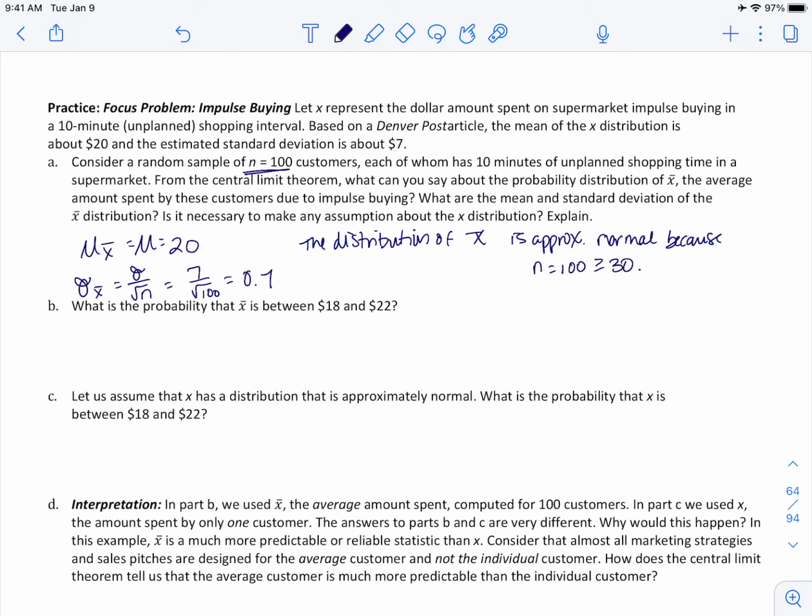So now what's the probability that X bar is between $18 and $22? Please find this. So here we have the probability 18 less than or equal to X bar less than or equal to 22.